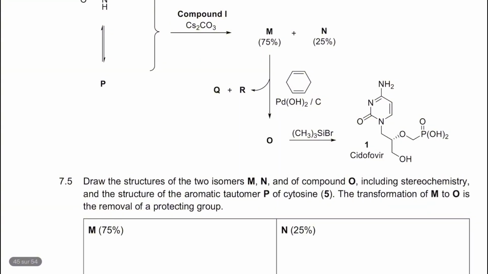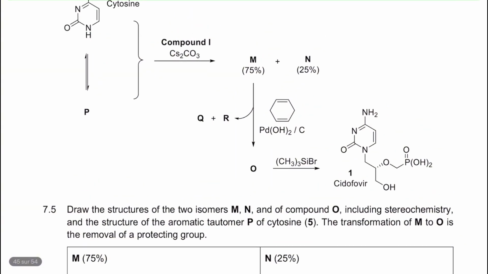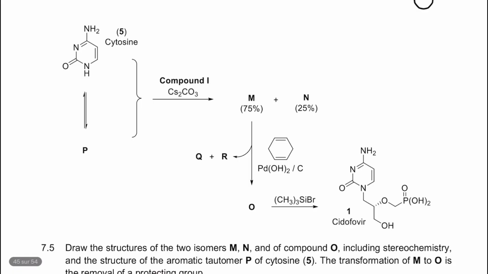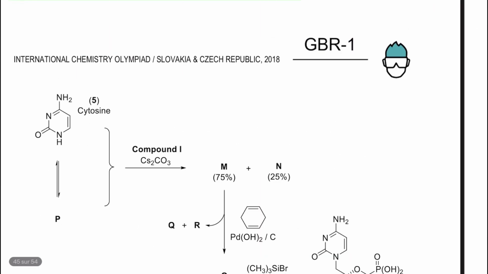The last two questions. Okay, so we have 5 and P. Draw the structures of two isomers M and N of compound O, including stereochemistry, and the structure of the aromatic tautomer P of cytosine. The transformation of M to O is a removal of a protecting group. So from 5 to P, that's just the tautomer. Where do we draw P? Oh, here you go.